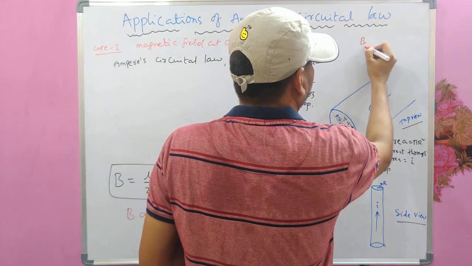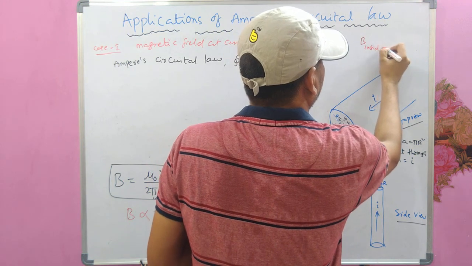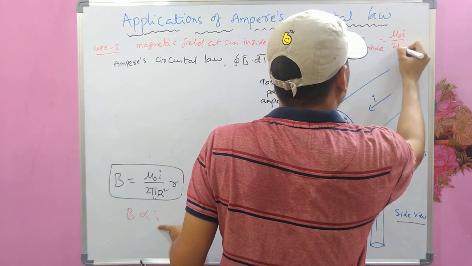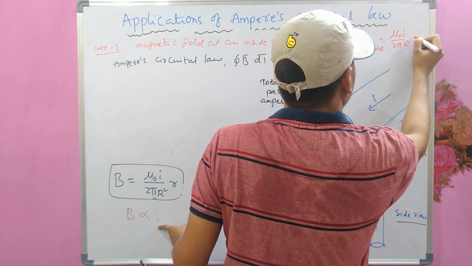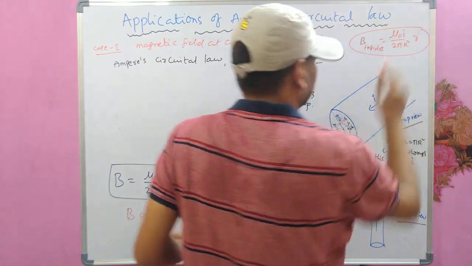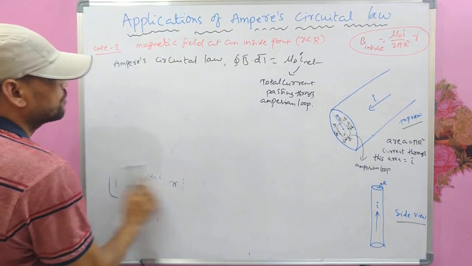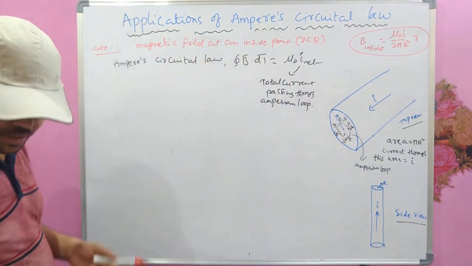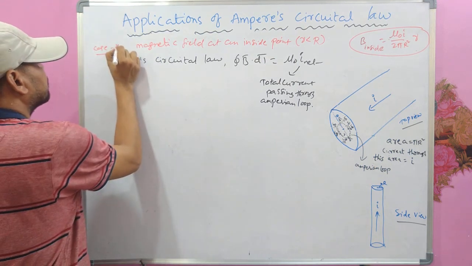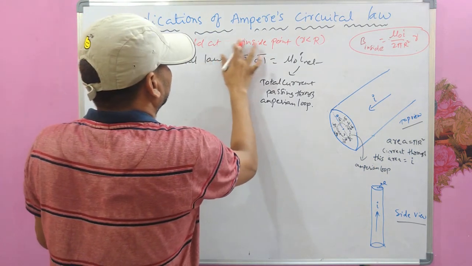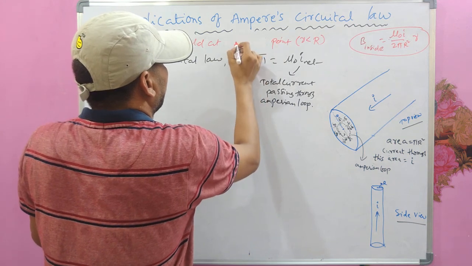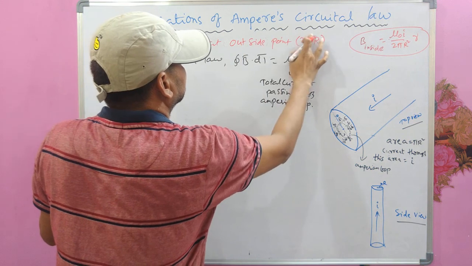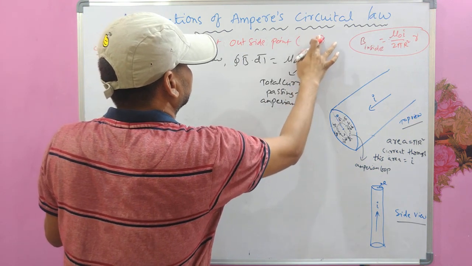B inside is mu naught I by 2 pi R square into r. Keep it there. And now we calculate the magnetic field at an outside point, or on the surface, whatever.